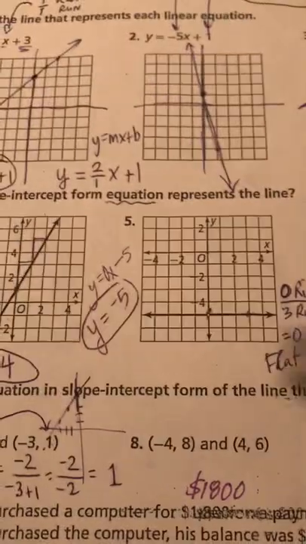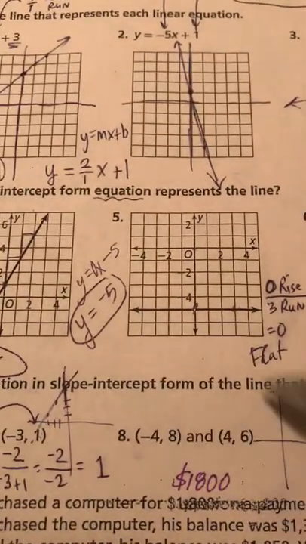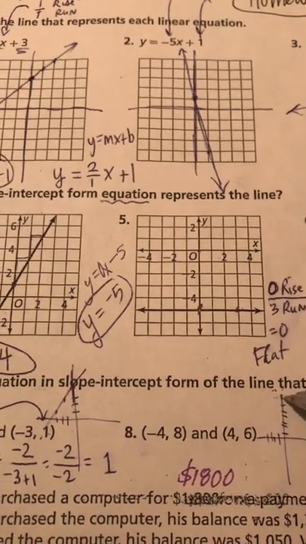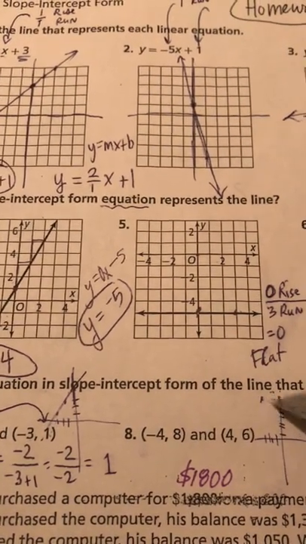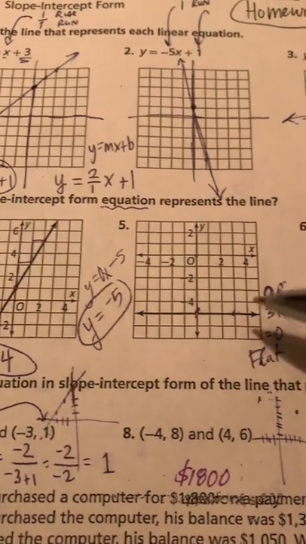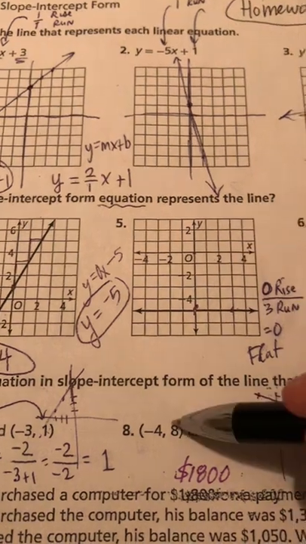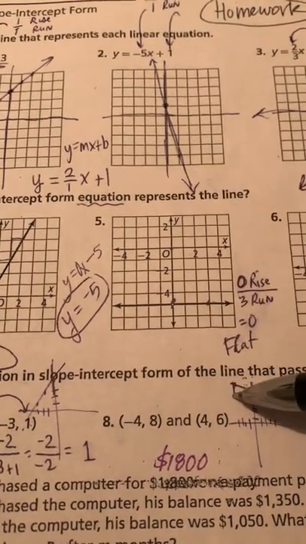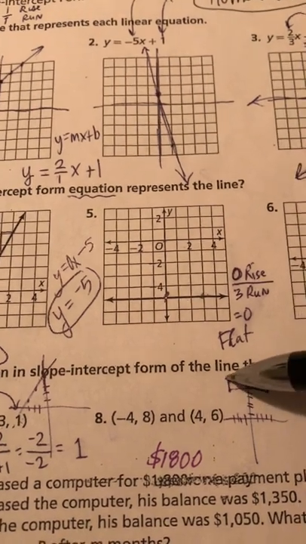Okay, here's another one. So we have x is -4, 1, 2, 3, 4. And y is 8. And then we have the coordinate +4, +6. So it looks like it's going from 8 to 6. So it looks like it's falling 2, right? From 8 to 6.